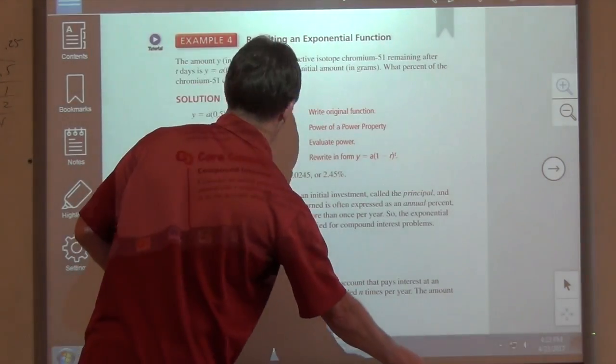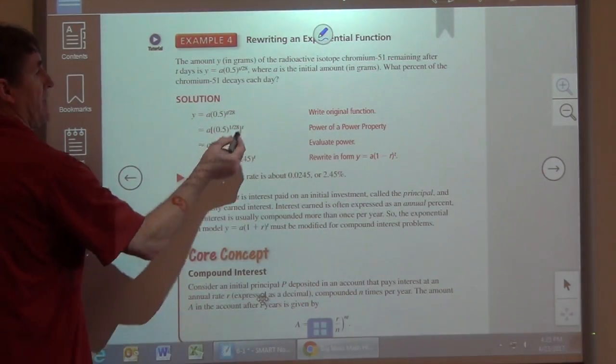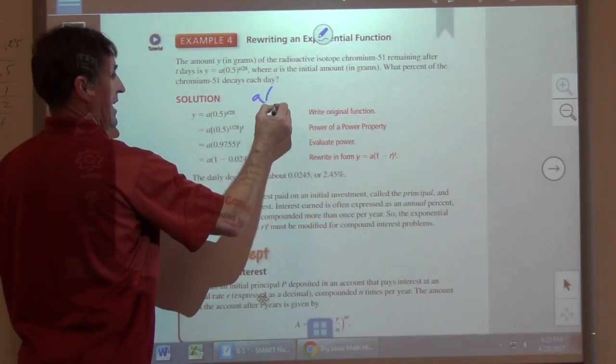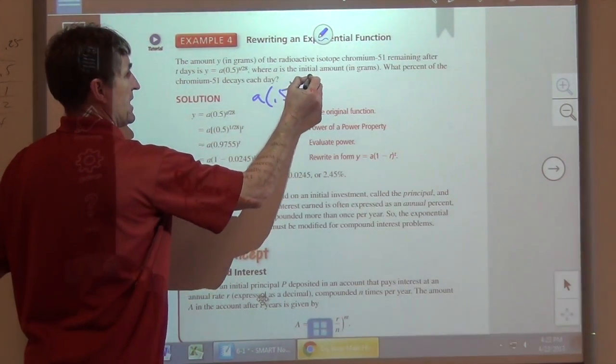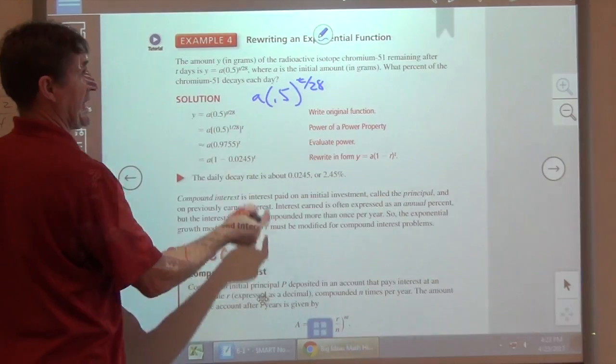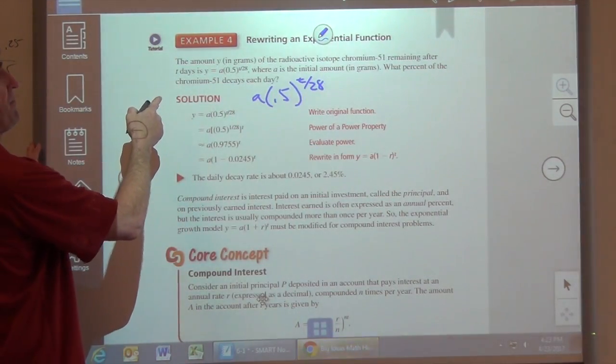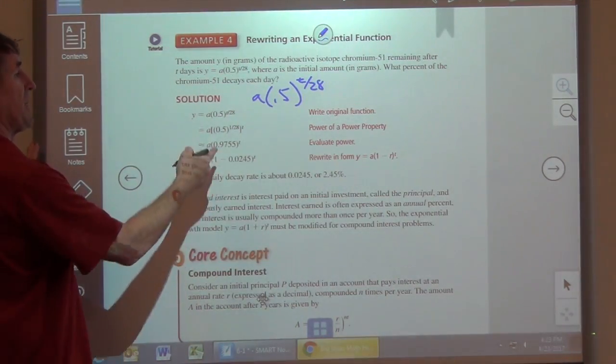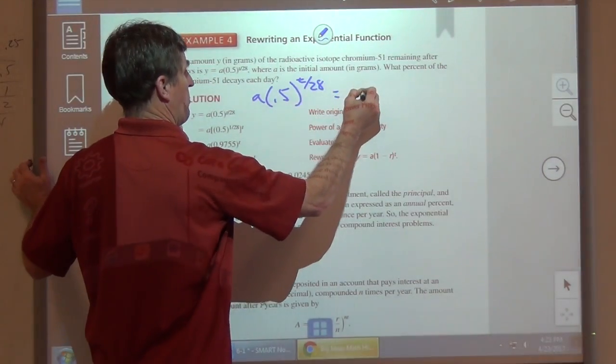So, have to look at this carefully. So this is a, and then 0.5 to the t divided by 28, where again, t is the number of days. And so what they do is they take this equation and they break it up.